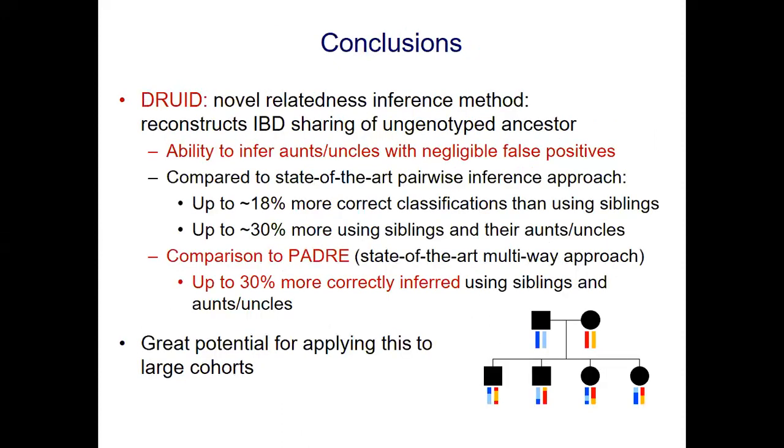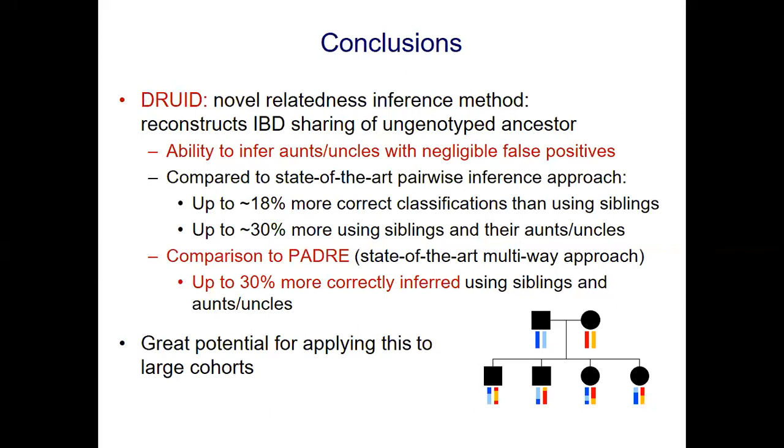With that, I will conclude by saying that I've told you about a new method called DRUID that reconstructs the IBD sharing profile of an ungenotyped ancestor of a set of close relatives. This method can also infer and detect aunts or uncles of a set of 2 or more siblings with 0, in our analyses, 0 false positives.